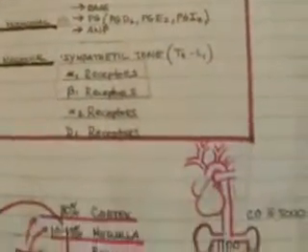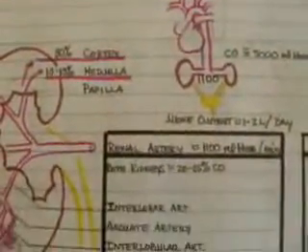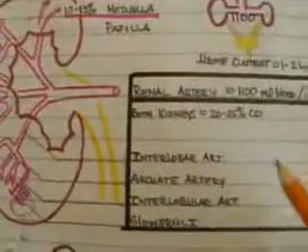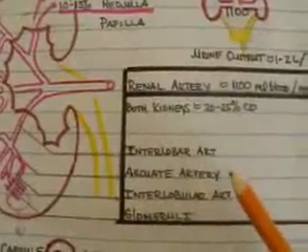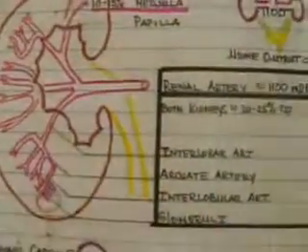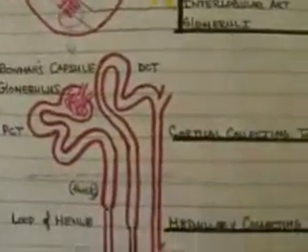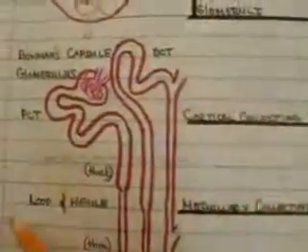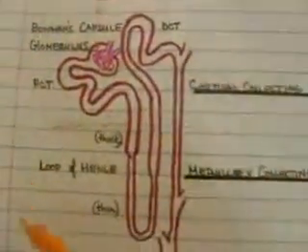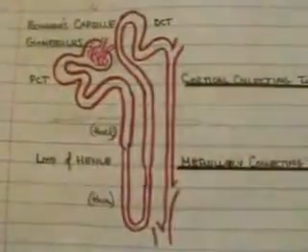Then we'll talk about the arterial system within the kidneys and the different branchings of the arterioles that supply the kidneys the blood supply. Then we'll talk about the functional unit, which is the nephron, and there's approximately 1 million functional nephrons within the kidney.